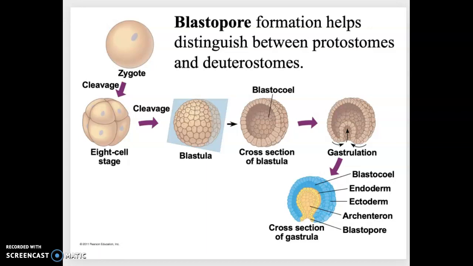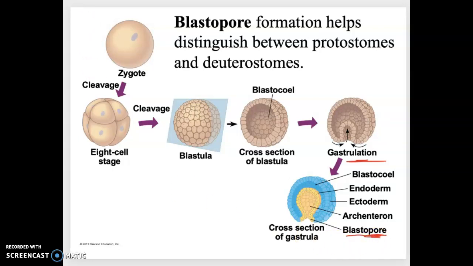So, okay, we've got our blastula forming. We get the blastocoel. Then we get into this stage known as gastrulation. Gastrulation is when the blastula starts to indent upward. It pushes inward, and it creates a hole. This opening right here is officially known as the blastopore. Think about pore. If you have a pore in your skin, that's a hole, an opening.